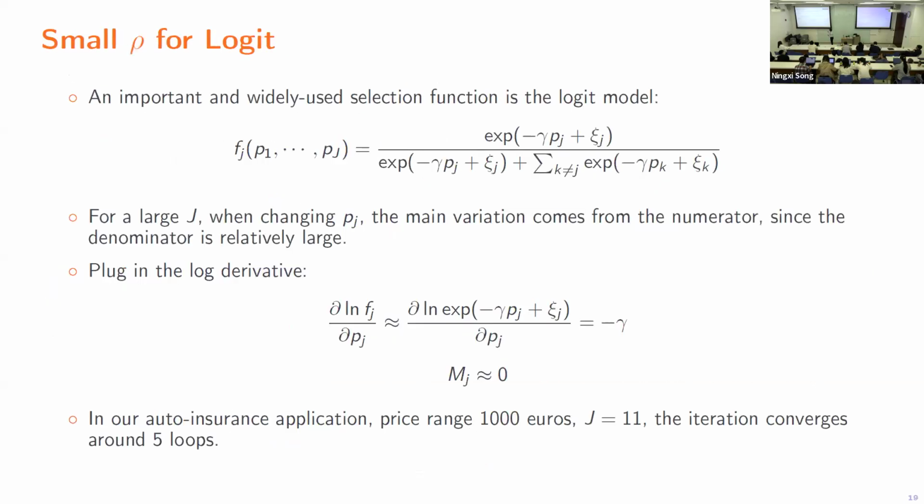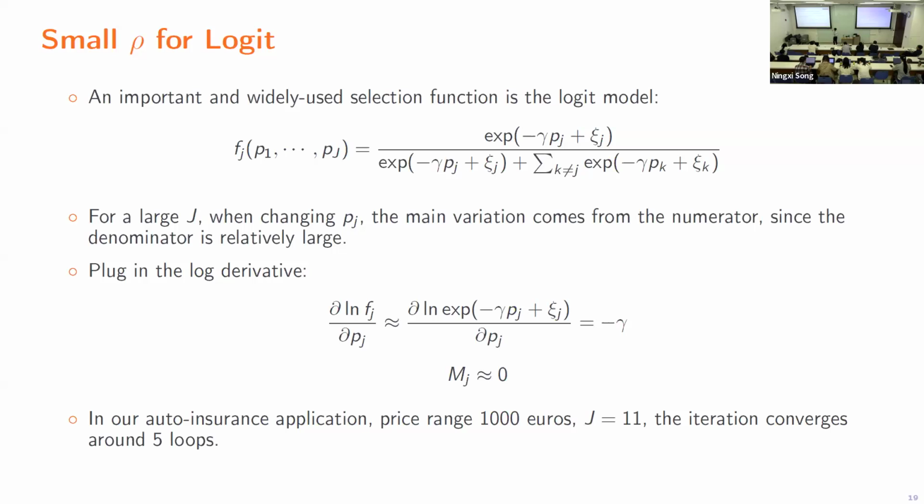Say I have a large number of alternatives. To compute the semi-elasticity, I need to do this partial log f over partial p, right? I need to change p and see how the log f changes. So if I change pj, 2 terms will change. One is on the top, the numerator, and one is in the denominator. When there are a lot of alternatives, the main variation will come from the top, because the bottom will be swamped by a lot of constants in this summation term.